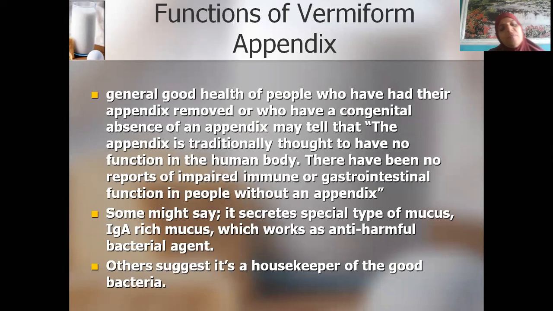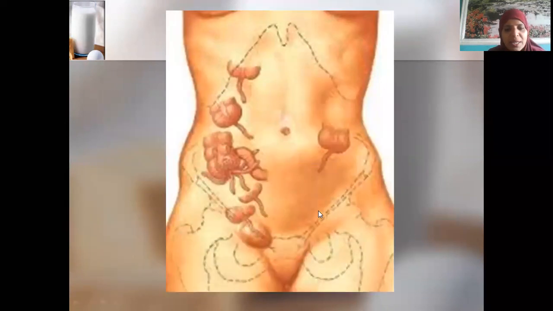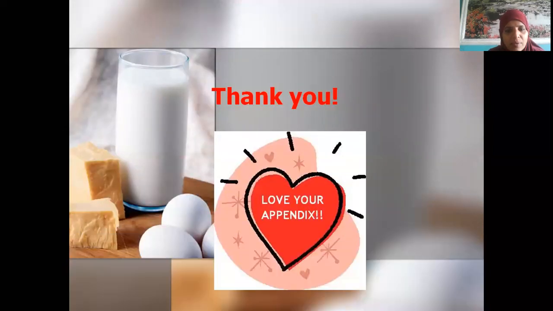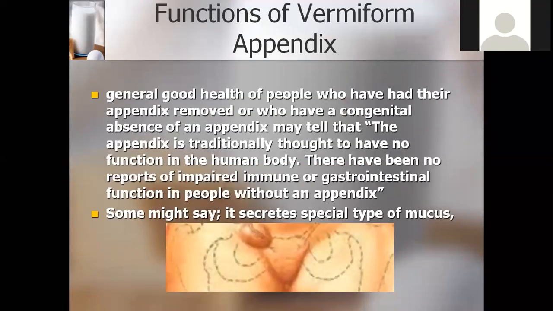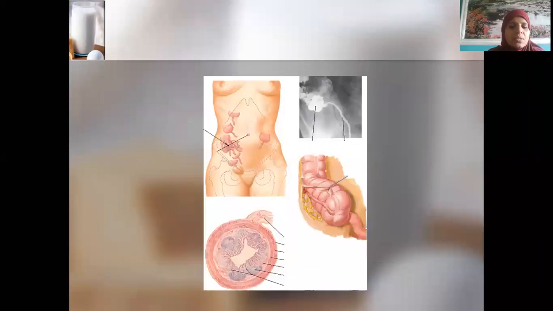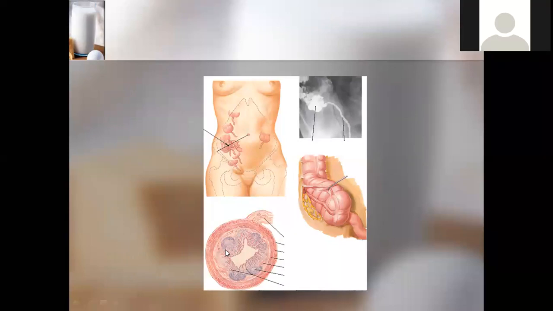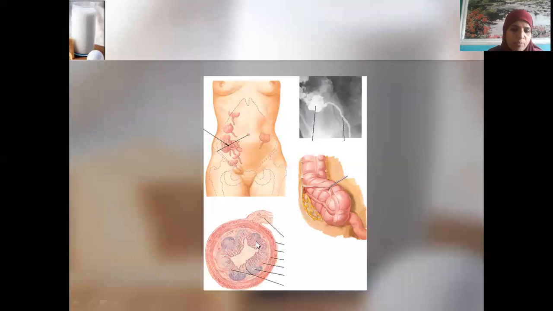So basically, though the vermiform appendix is considered a vestigial organ, do you think really it is vestigial? Actually, when you see the histology of appendix in this picture, it also has mucosa, submucosa, muscular layer, and serosa. When you see the submucosa and also the lamina propria of the mucosal layer, you are finding so much bluish lymphatic aggregates.